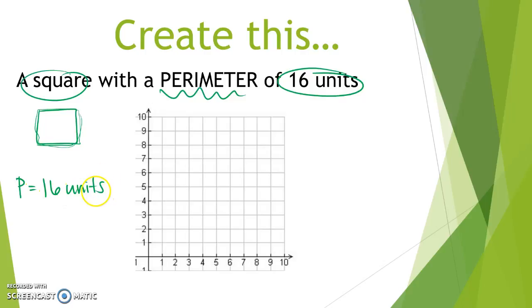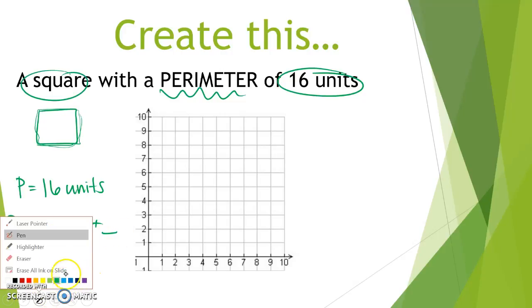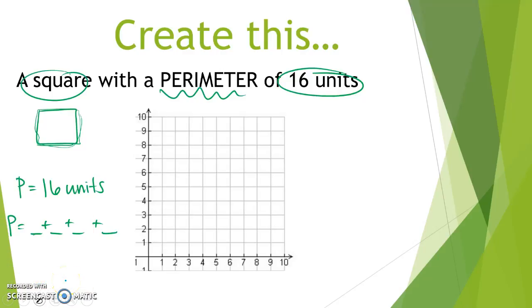And to find the perimeter of this square, we would do some number plus another number plus another number plus another number. And we know that all of these numbers have to be the same. So if we're thinking about it in that way, 16 divided into 4 equal parts is going to give us 4. And that's the only way that this could be a proper square. So every side length needs to be 4 units long.